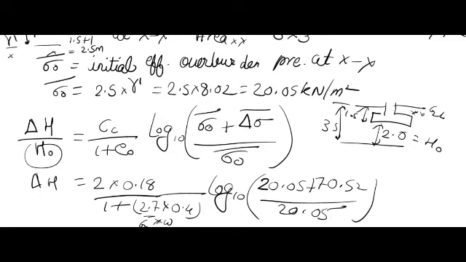So delta H comes out to be 0.11335 meters, and that's our answer.